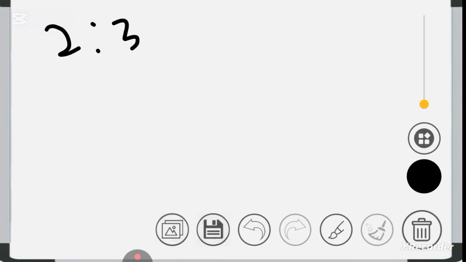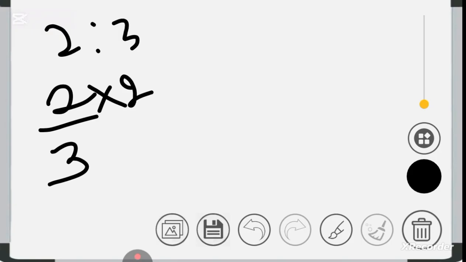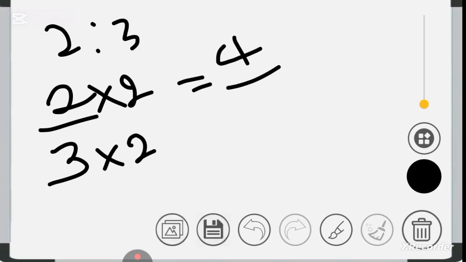Now we multiply both parts by 2. 2 to 3 is also written like this, so we multiply both parts by 2, like this and like this, and boom, 2 times 2 is equal to 4, 3 times 2 is equal to 6. Now this means that 2 ratio 3 is equivalent to 4 ratio 6 or 4 to 6.